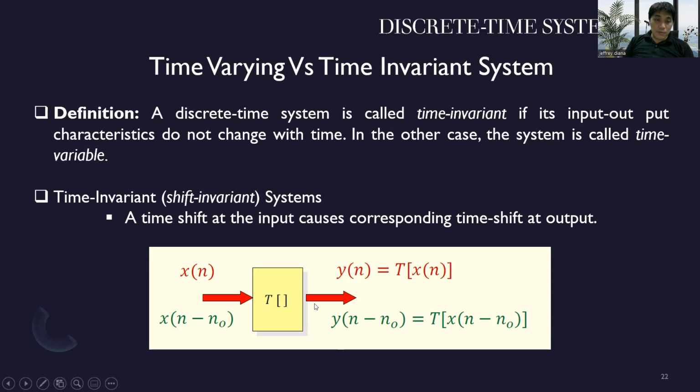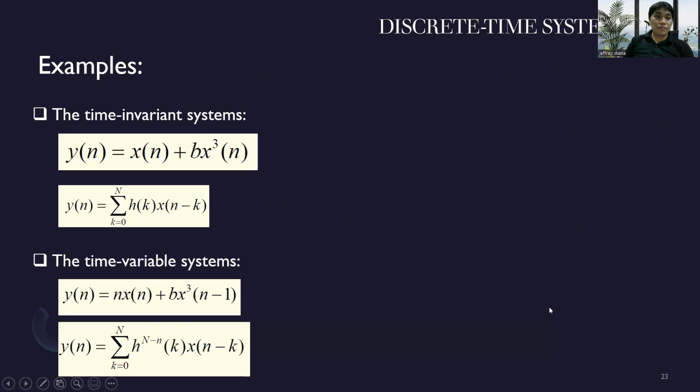So here in our formula, x[n], or x[n - n0], will go to the time mapping, going to y[n] = T{x[n]}, and y[n - n0] = T{x[n - n0]}.